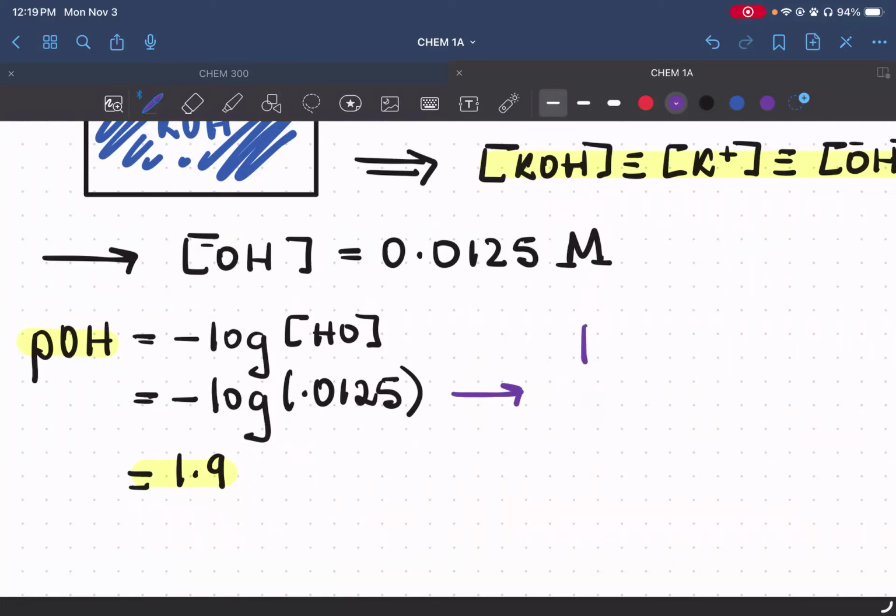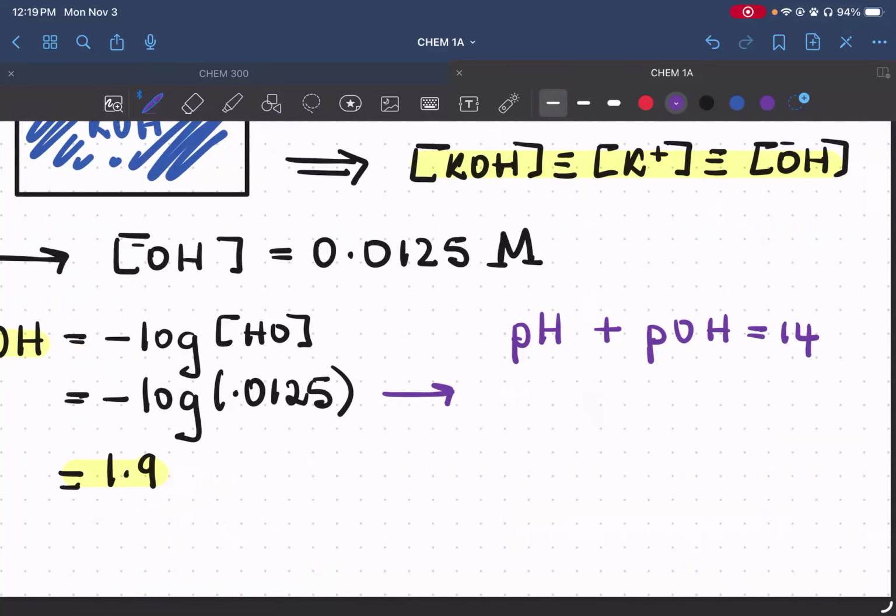such that we're able to say if pH plus POH is equal to 14, then pH is equal to 14 minus POH. All I've done, of course, is just carry over the POH. This becomes 14 minus 1.9.